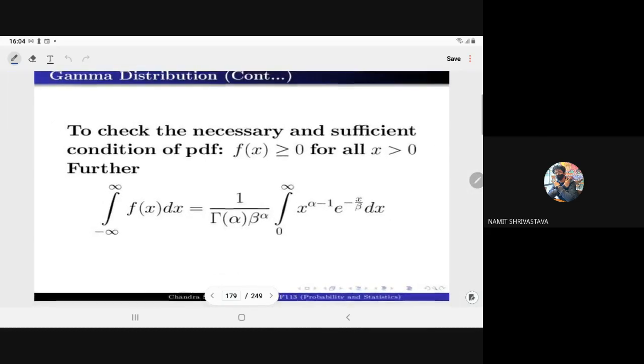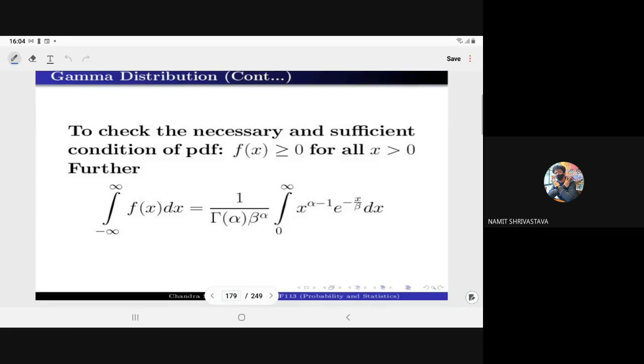Now, just by seeing the formula, we cannot believe that it is a PDF. For being a PDF, we have to check the necessary and sufficient conditions.